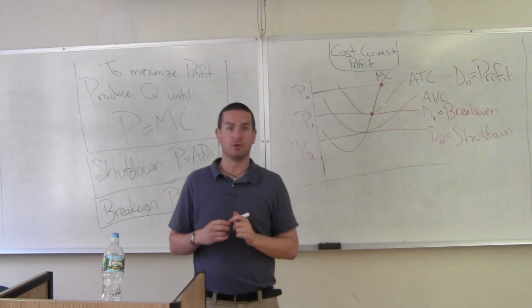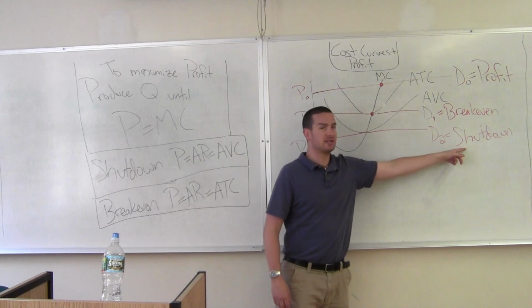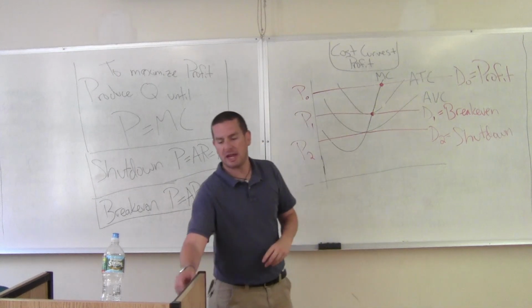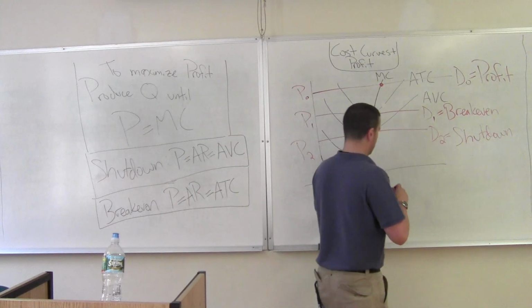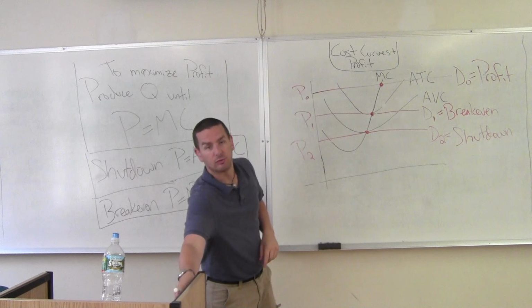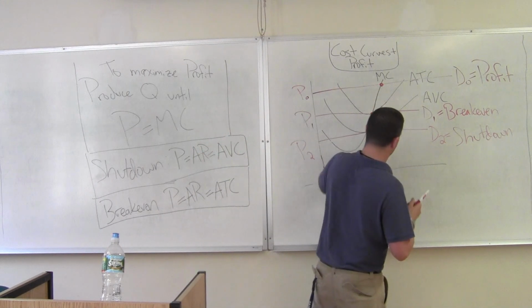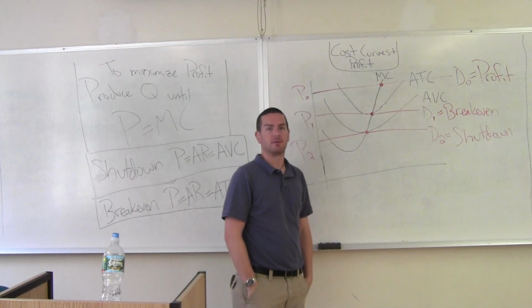And at P2 or D2, you have to shut down, okay? Because anything below this point, you can't even afford to pay your labor, okay? So these are the three really important points that we can talk about in perfect competition, okay?